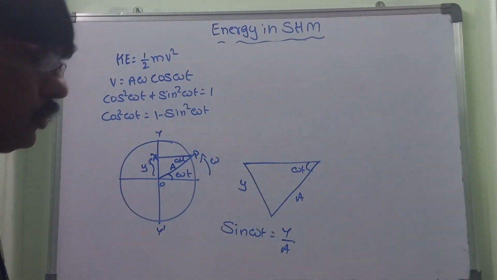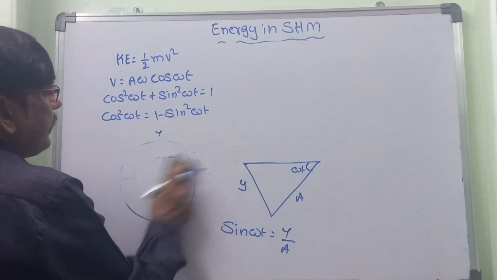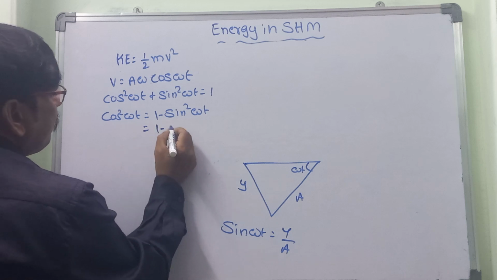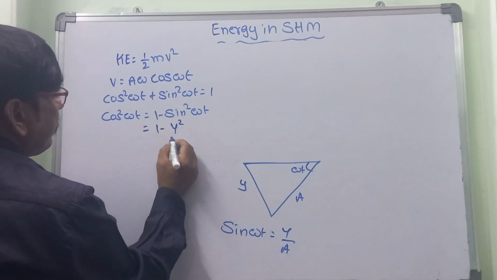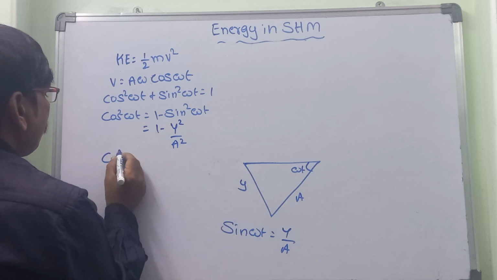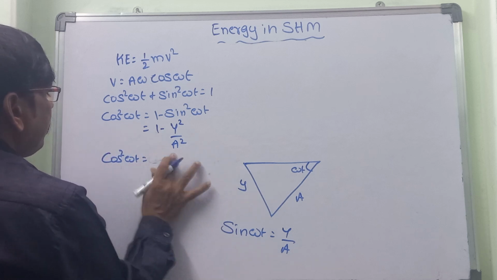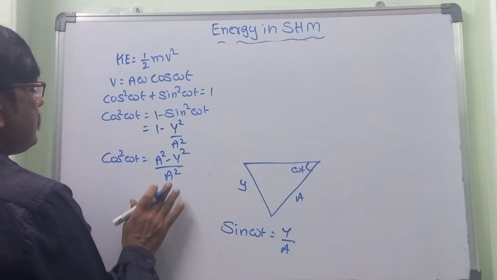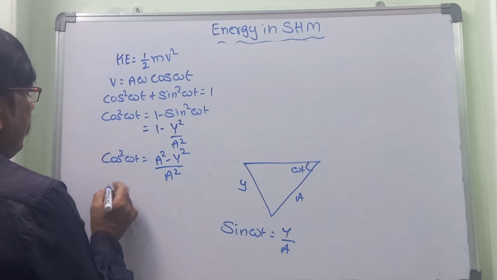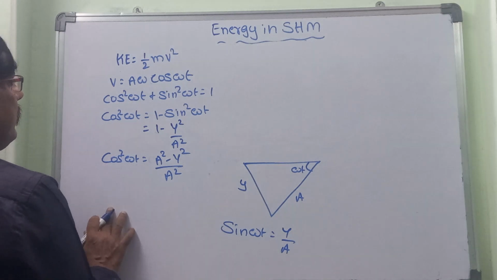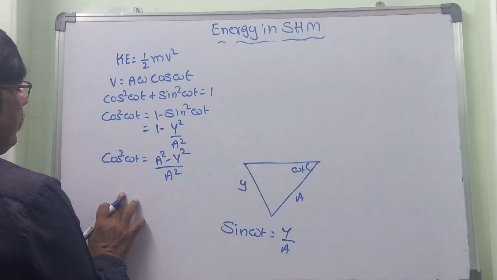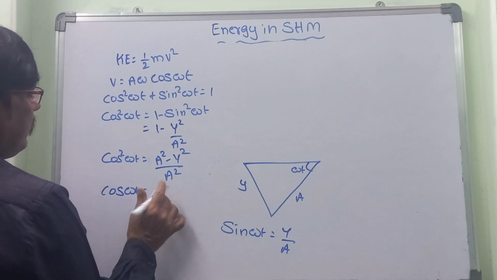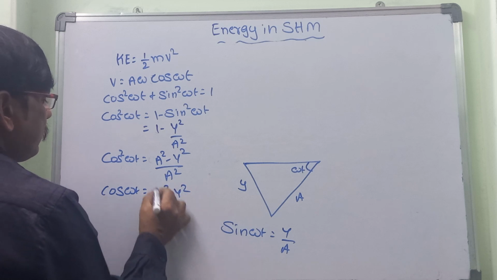So sin omega t is y by a. Substitute this value here: 1 minus y square by a square. So cos square omega t is equal to, taking the LCM, a square minus y square by a square. Now we need only cos omega t, so cos omega t is equal to the square root of a square minus y square, by a.